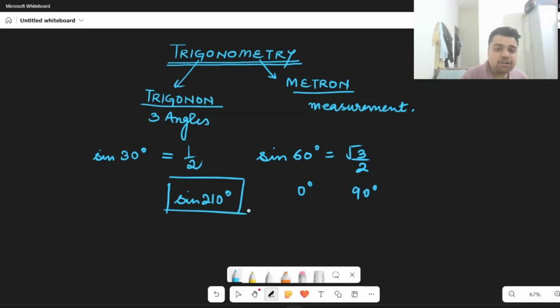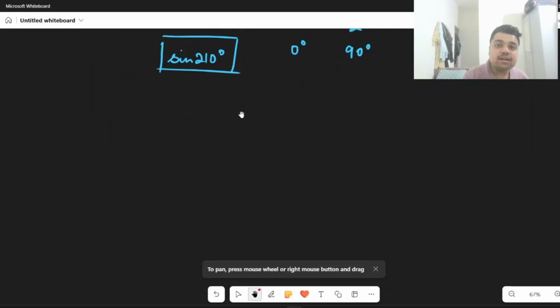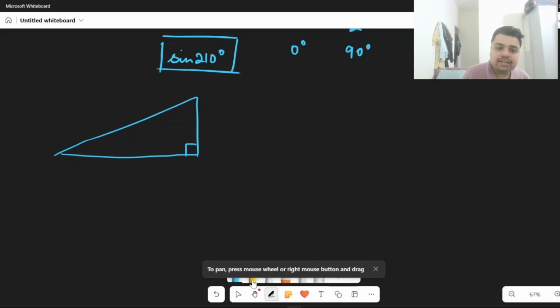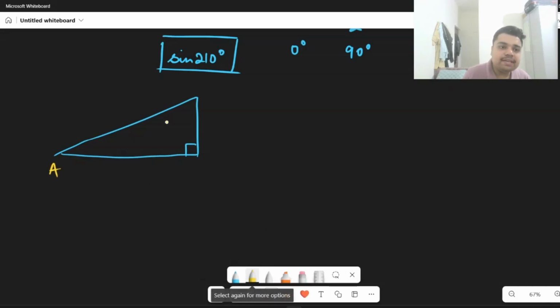Okay. In order to understand it, let's first understand the complementary angles. Suppose there is a right angle triangle. Let me name this triangle ABC, and this AB, you already know, is the hypotenuse.